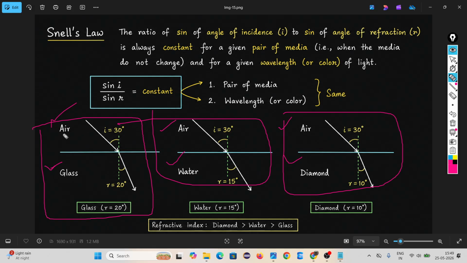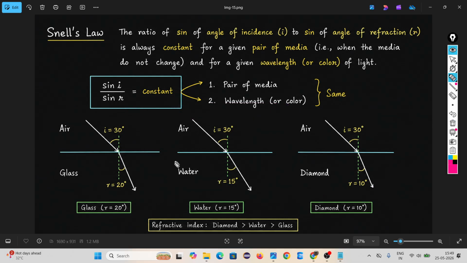In the first diagram air and glass, the second air and water, the third air and diamond. If I change the media, then in every case I will get a different constant value. That means here sine i upon sine r becomes different for these three diagrams.